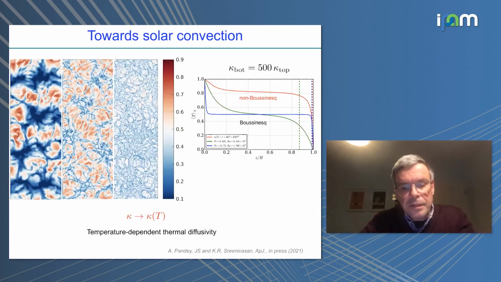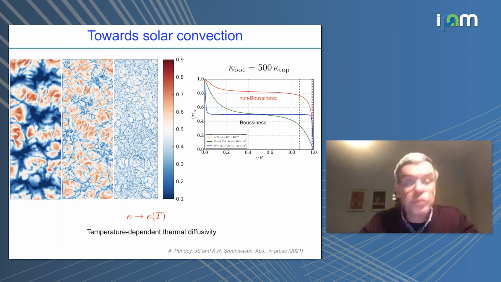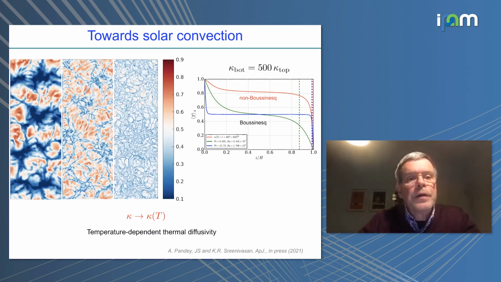So the next step is, and I'm just giving a little brief outlook before I conclude, that we are also trying to extend the Rayleigh-Bénard setup and trying to move forward towards the solar convection case.